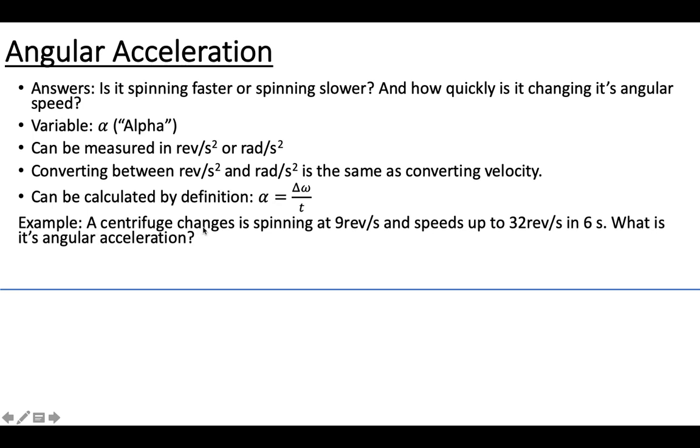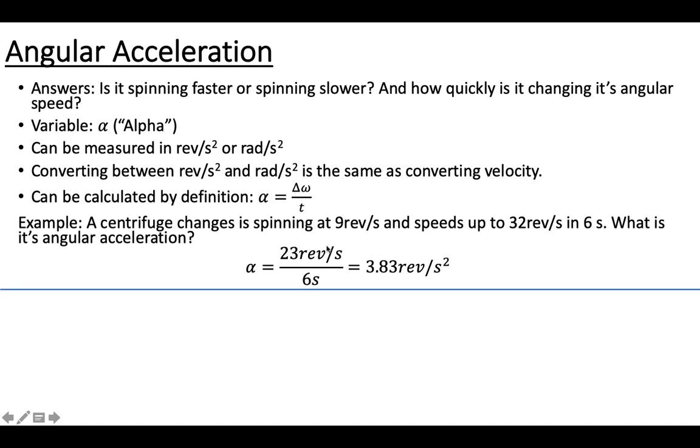A centrifuge is spinning, changes speed from 9 revolutions per second, and it speeds up to 32 revolutions per second in 6 seconds. And we want to know what is the angular acceleration. So how much did the speed change from 9 to 32?